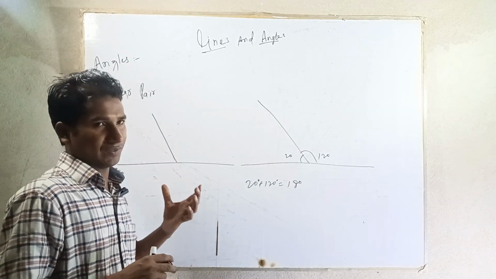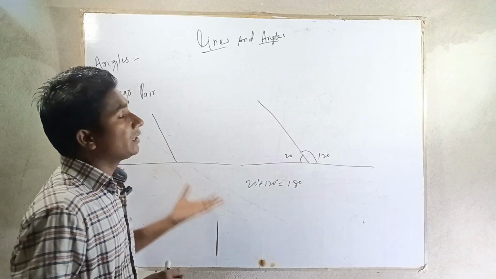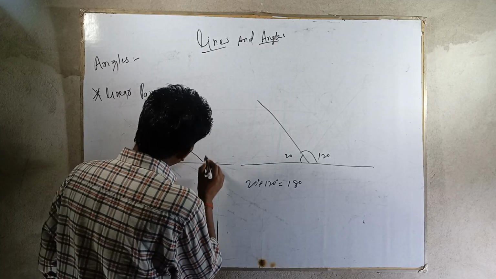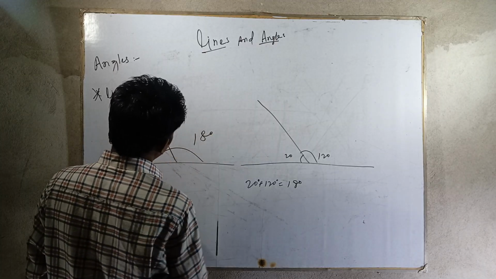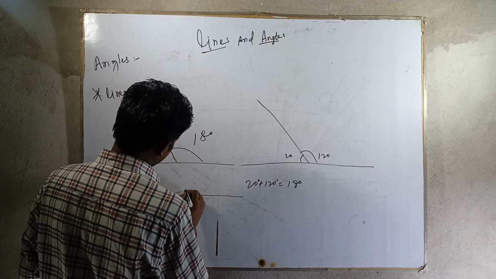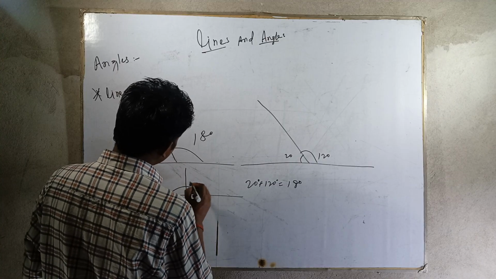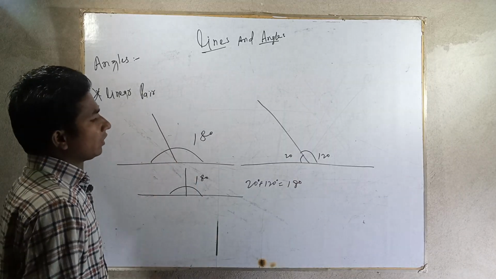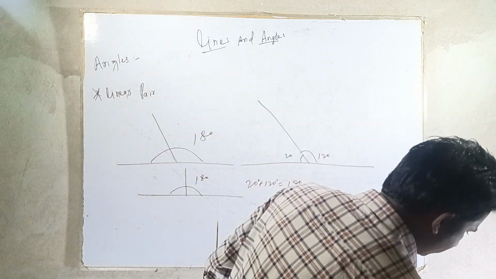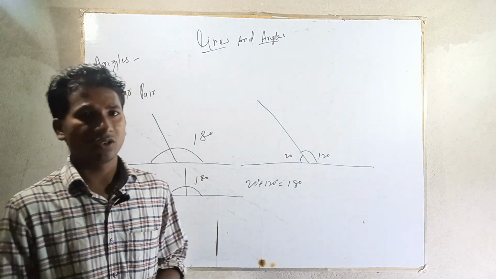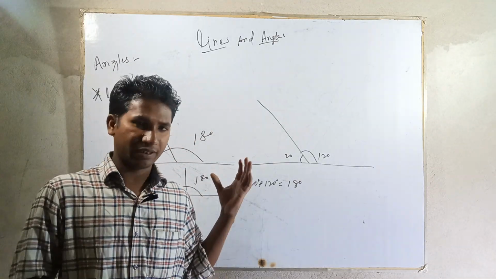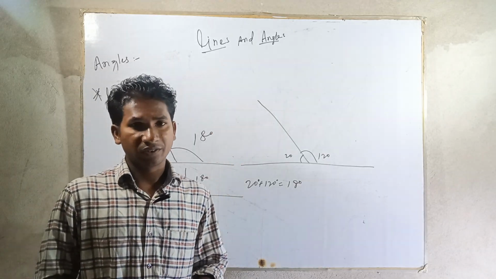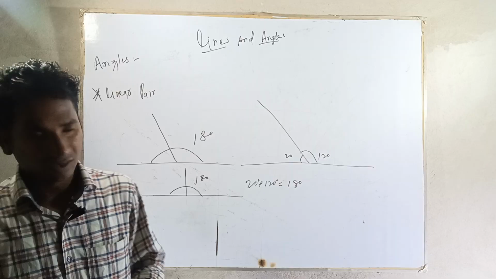This is an example of a linear pair, because this value will always be 180 degrees at a half line. So it is an example of a linear pair. I'm not solving any question, I only want to make you understand that you can know each and everything very clearly.